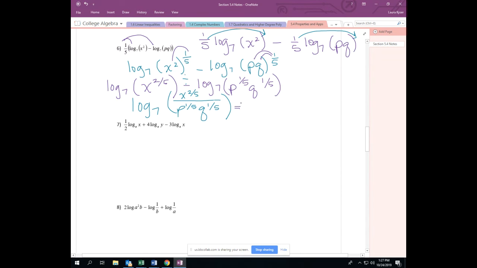So it's probably a good idea to write this as a root unless Hawks says that you can leave it as an expression with rational exponents. This would be log base 7, and then it's a 5th root, because all of them again have a denominator of 5, and then they'll just keep their numerator as their power. So x squared on top, p to the 1st, q to the 1st on the bottom.